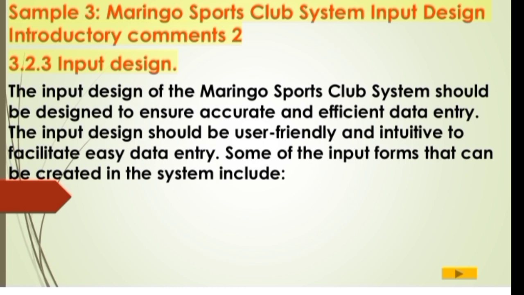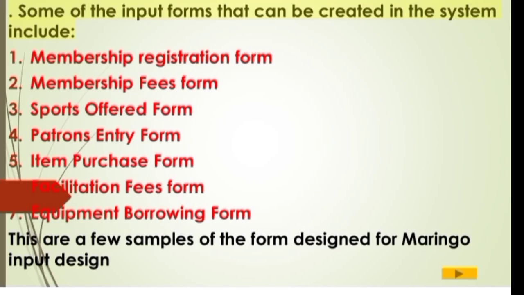Sample 3. Maringo Sports Club System Input Design. Introductory Comments 2. 3.2.3 Input Design. The input design of the Maringo Sports Club system should be designed to ensure accurate and efficient data entry. The input design should be user-friendly and intuitive to facilitate easy data entry. Some of the input forms that can be created in the system include 1.